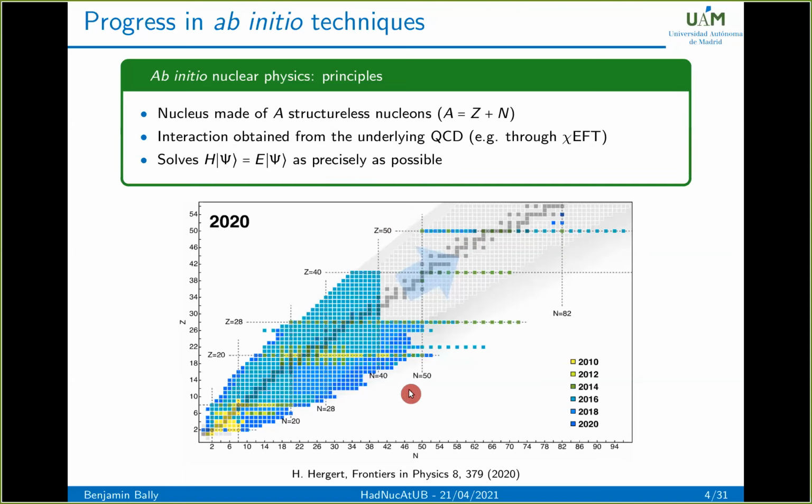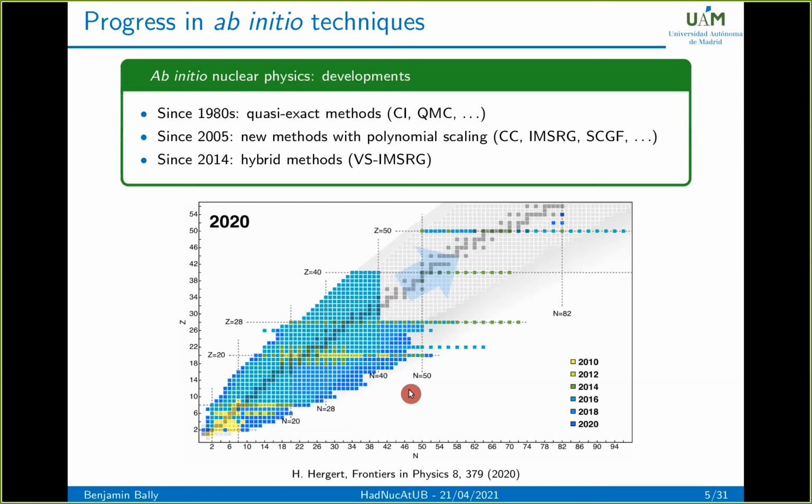But people have developed new methods since then, in the last 15 years, let's say, methods that have much better scalings in terms of model space or the number of nucleons considered, such as, for example, coupled cluster or self-consistent Green's function, which you may have heard of in other contexts, and IMSRG, that is more nuclear physics in a sense.